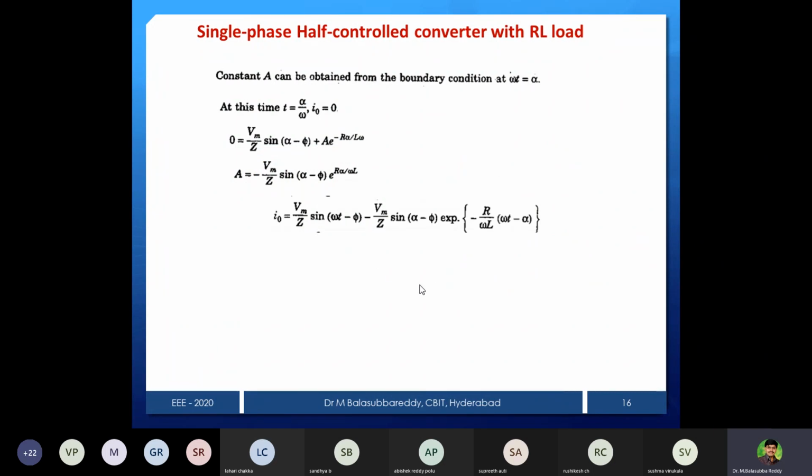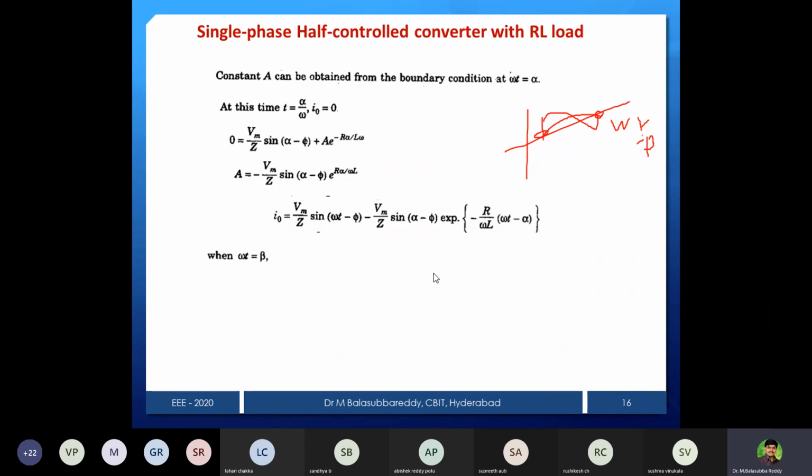In that, another initial condition is there. At omega t equal to beta, what is the current? Current is equal to 0, because the current waveform starts like this and ends like this. So this is omega t equal to beta, where current will be 0. At omega t equal to alpha the current is 0, and at beta also the current is 0.